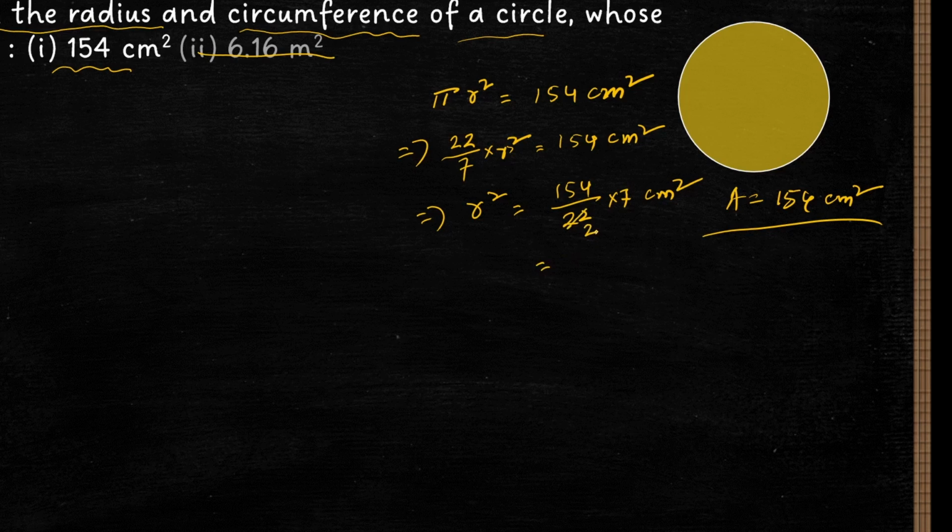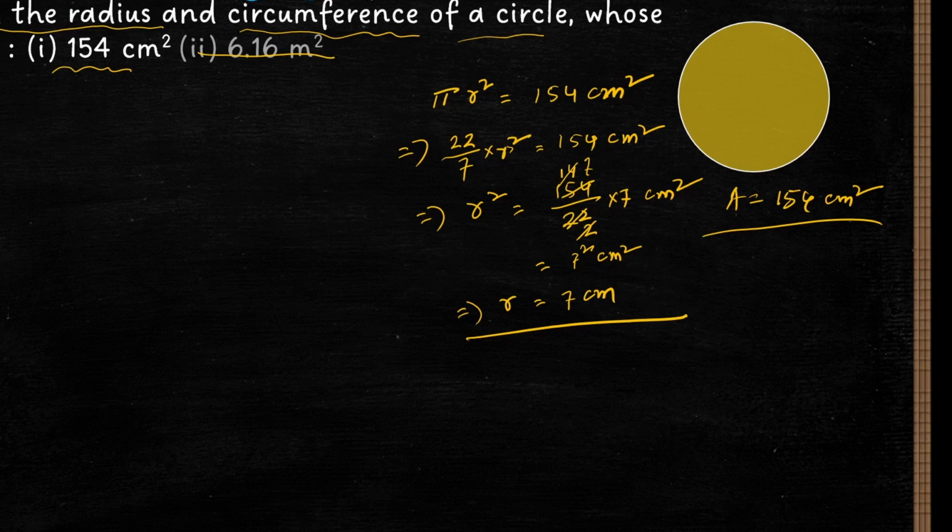11 2s are 22, 11 1s are 11, and 11 4s are 44. So 2 7s are 14. So we get 7 square centimeter square, and if you take the square root on both sides, r is equal to 7 centimeter. The radius of the circle is 7 centimeter.